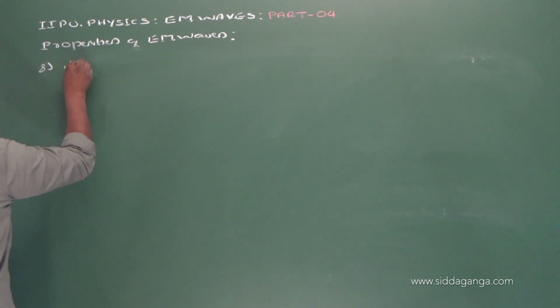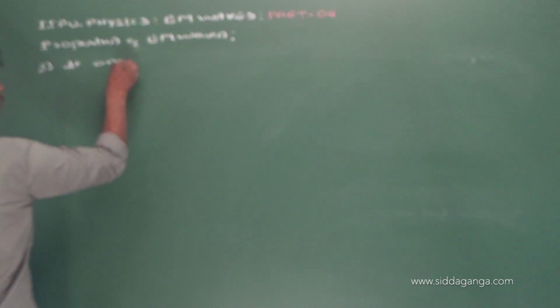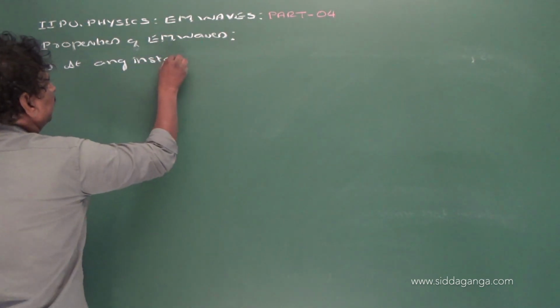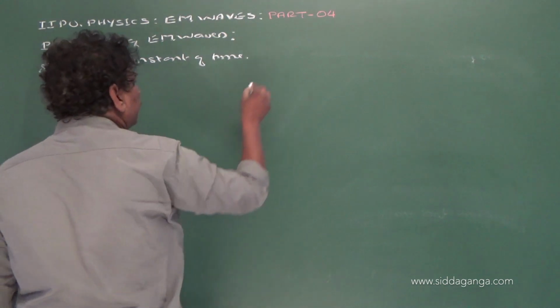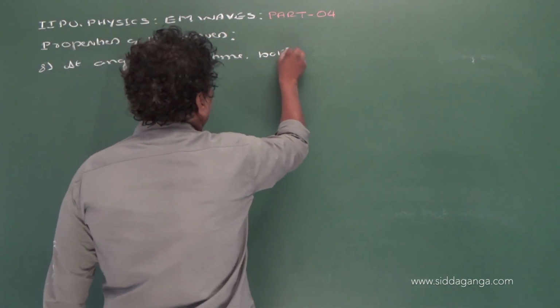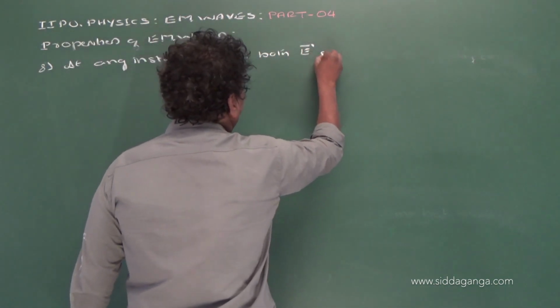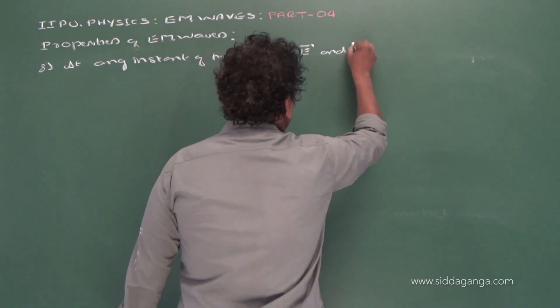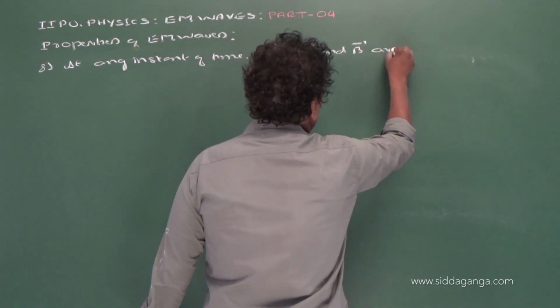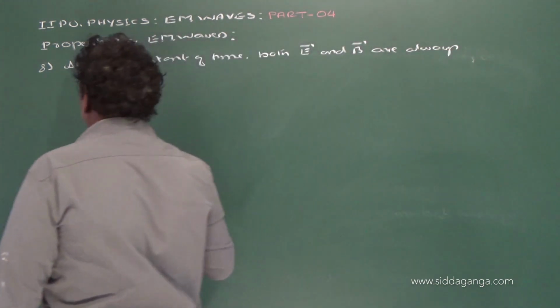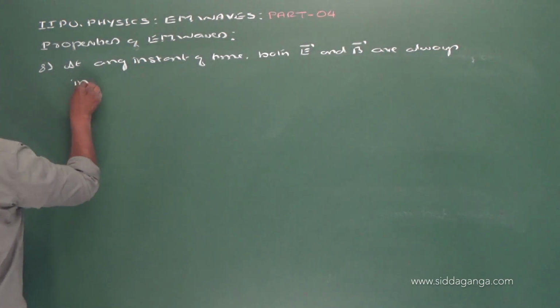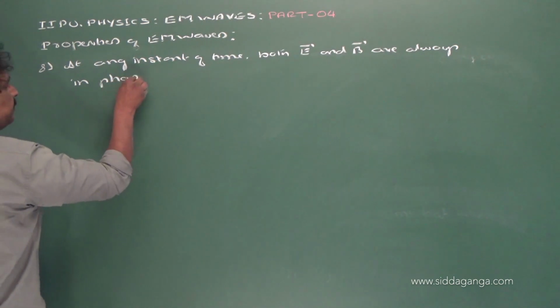Eighth property: at any instant of time, both electric field vector and magnetic field vector are always in phase.